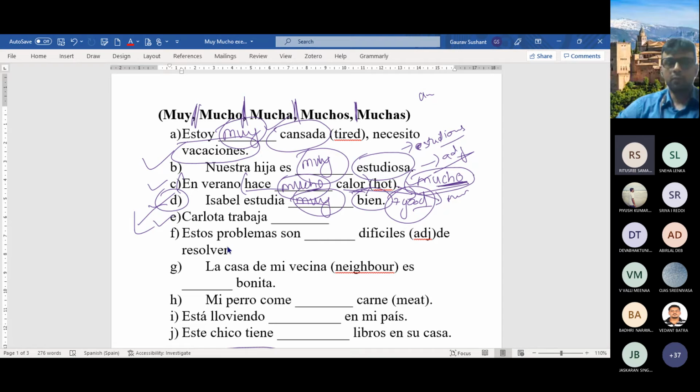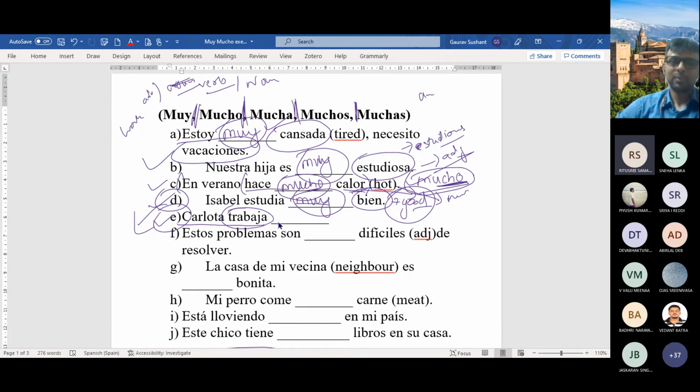Number E is tricky. Vani, can you try this one? Sir, muy. Now, did you get this sentence? Carlota trabaja. What is trabaja here? Work as a noun or as a verb?